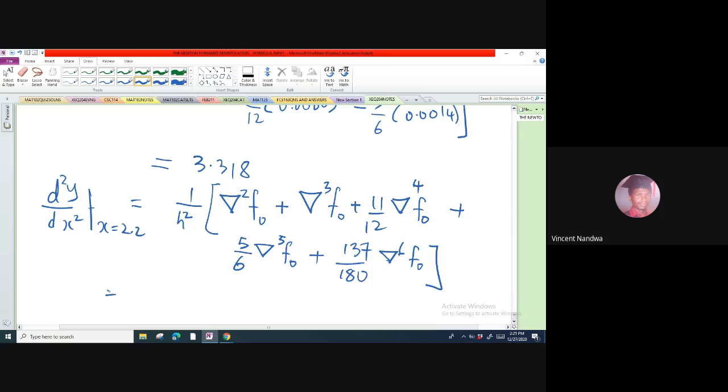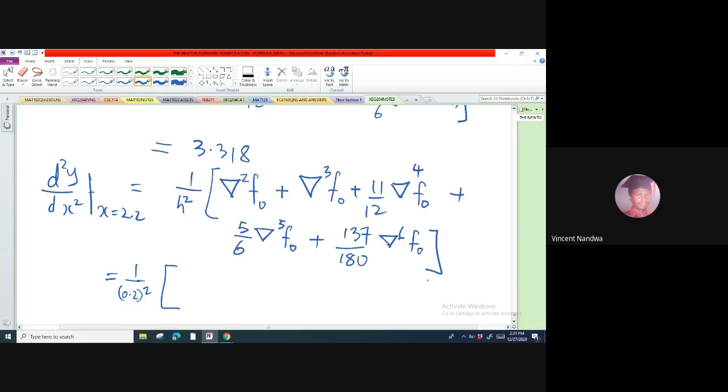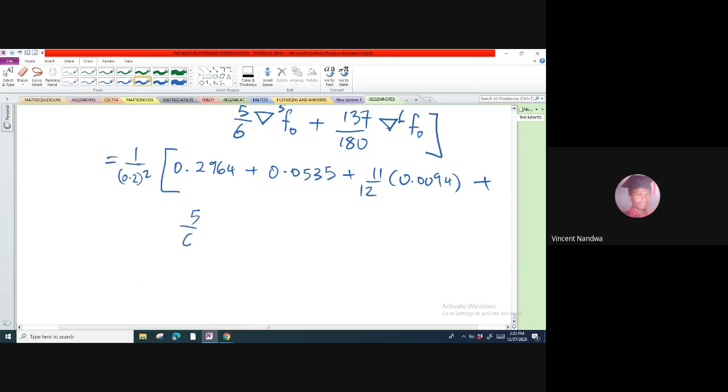So replacing the values, we have 1 over 0.2 squared into 0.2964 plus 0.0535 plus 11 over 12 into 0.0094 plus 5 over 6 into 0.0014 plus 137 over 180 into 0.0001.